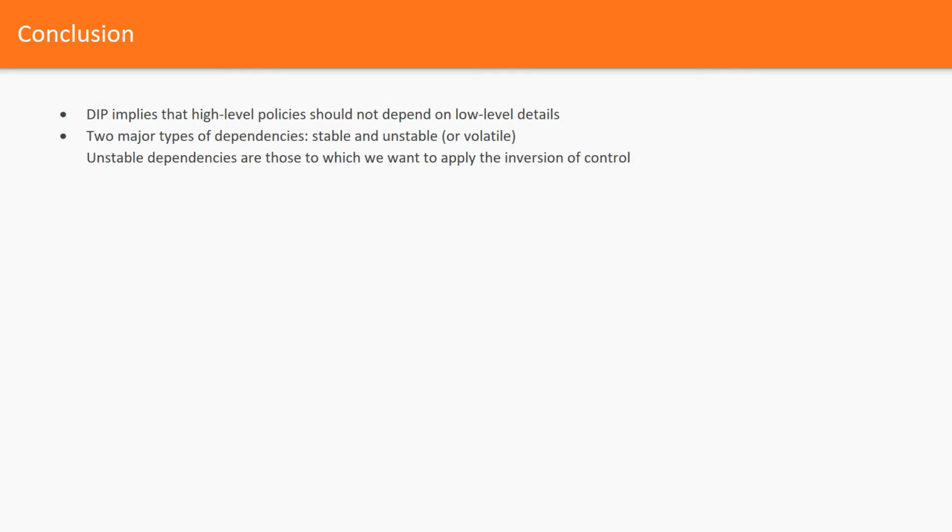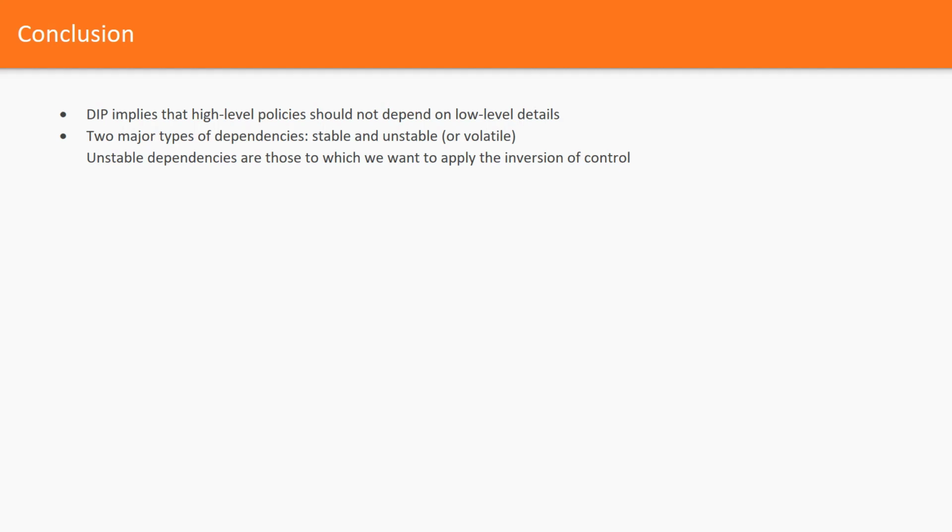This lecture is titled Conclusion. In this section, you learned what DIP is. DIP implies that high-level policies should not depend on low-level details. That there are two major types of dependencies, stable and unstable, or volatile.